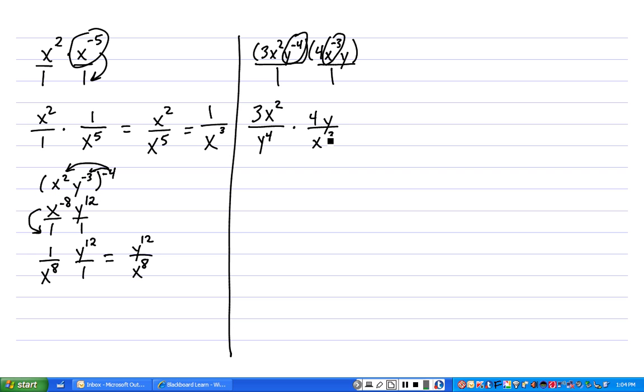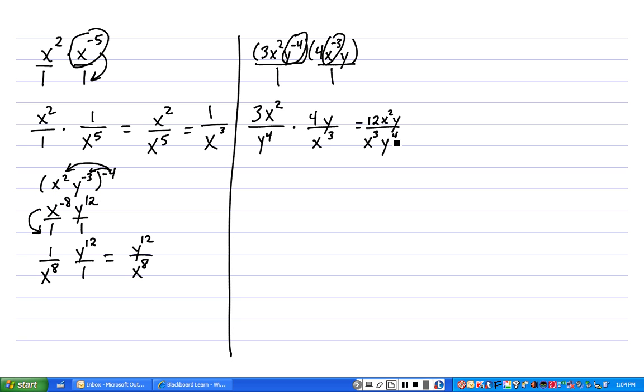So now this is what I'm looking at. So 3 times 4 would give me 12 x squared y over y to the 4th, or let me put the x's before the y's. You want to try to make a point of writing the variables in alphabetical order. So now I have this.